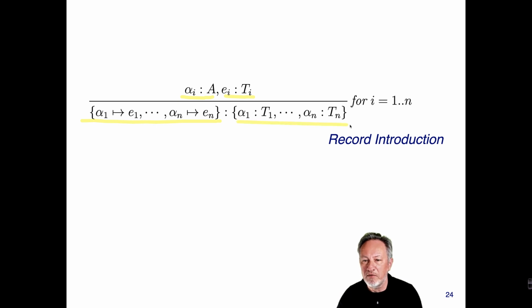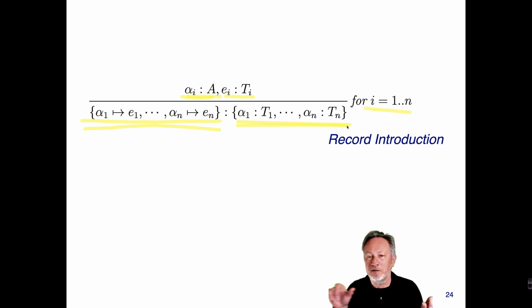And what's the type of this whole thing? So alpha 1 is of type string, alpha n is of type address or whatever, and all of these are types. So basically all this is saying, if each of these alpha i's is a label and each of these expressions ei is of some type ti for i going up from 1 to n, then this value here is a record of type, and here I have curly braces, similar notation, just like we have in Haskell.